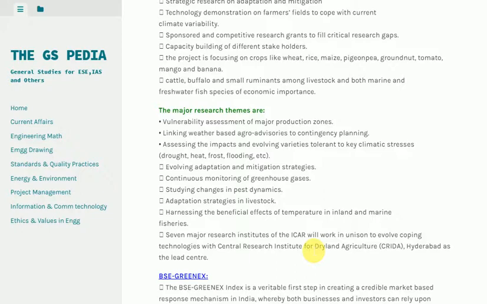BSE GreenEx. The BSE GreenEx Index is a veritable first step in creating a credible market-based response mechanism in India, whereby both businesses and investors can rely upon purely quantitative and objective performance-based signals to assess carbon performance.